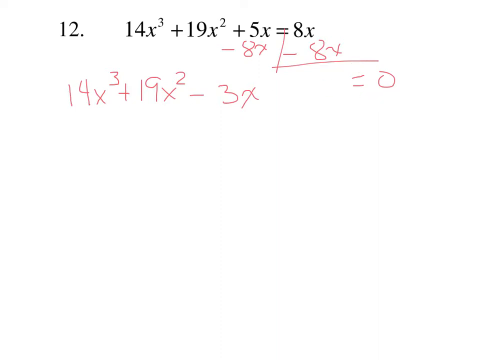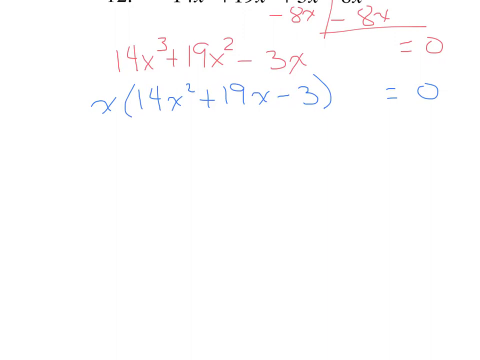It looks like there's a GCF here of x. So when we factor out that x, we'll have 14x squared plus 19x minus 3, which gives us a trinomial here that we can use the square root method on. So the first step of the square root method. Now, this x is going to hang out. It's still there.